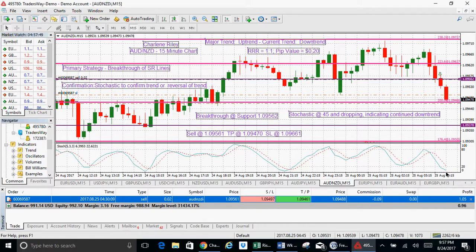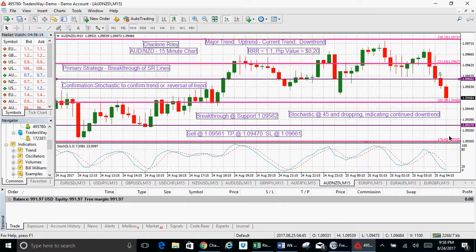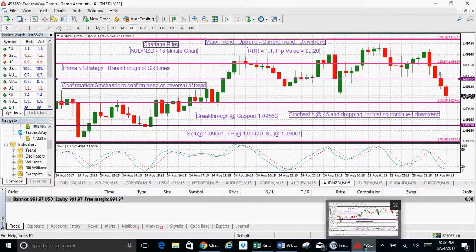The stochastic looks like it could go further, so I will move the take profit down a little further. Okay, well, it took me out already.